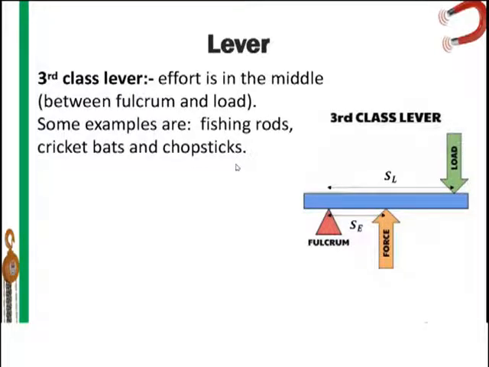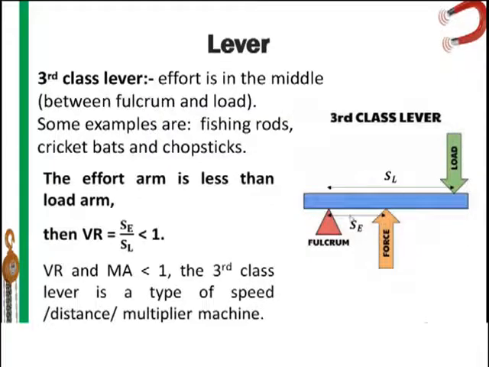Examples of third-class levers include fishing rods, cricket bats, and also chopsticks. Going back to the diagram, you can see that the effort arm, which is this arm here, is less than the load arm.